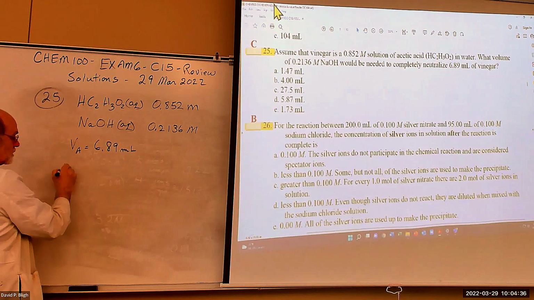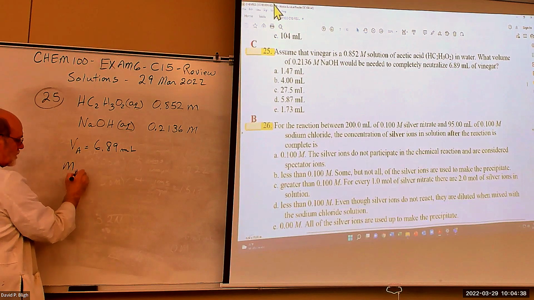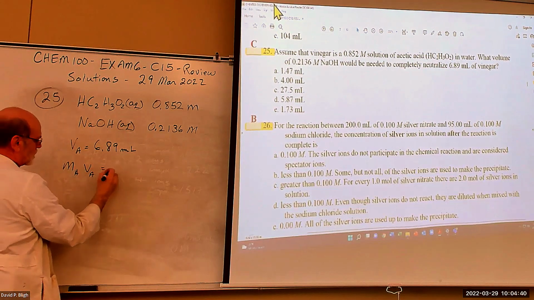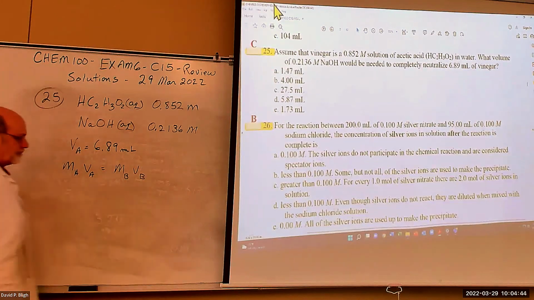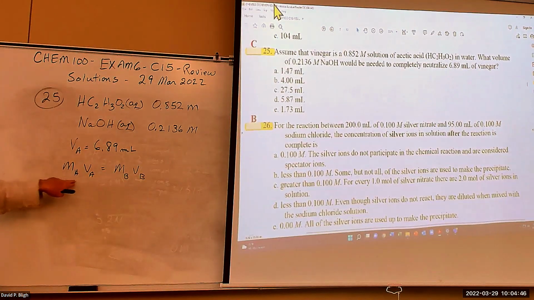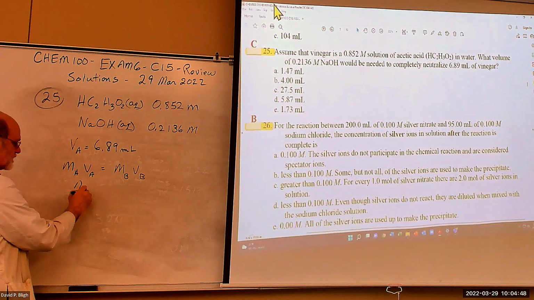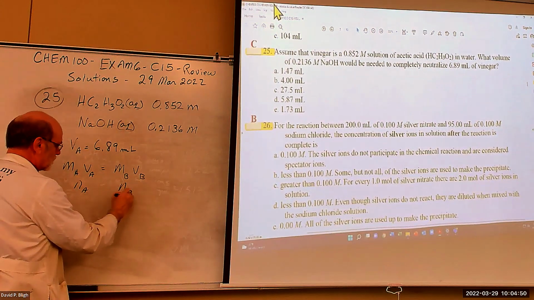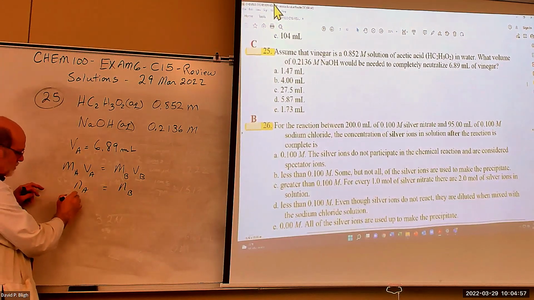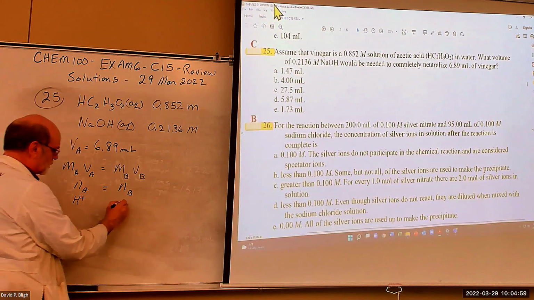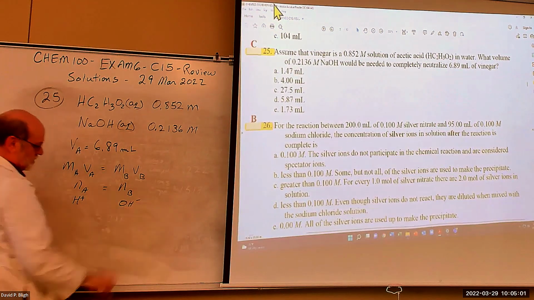That's why we say MAVA equals MBVB. This equals moles, right? Moles of acid, moles of base. If they're going to neutralize, these have to be equal. And what we're saying here is actually moles of hydrogen ions, moles of hydroxyls.